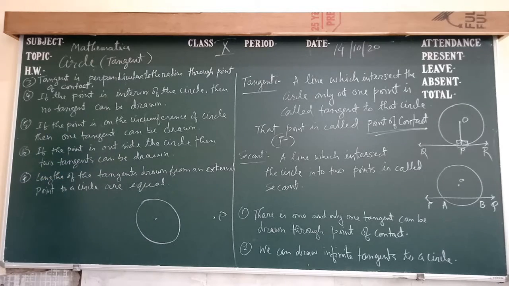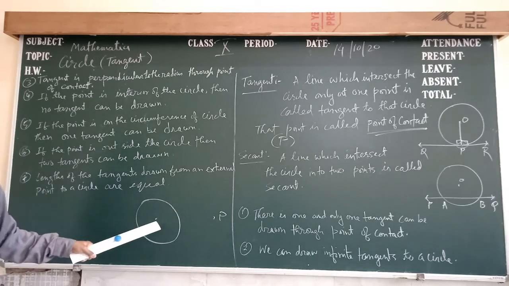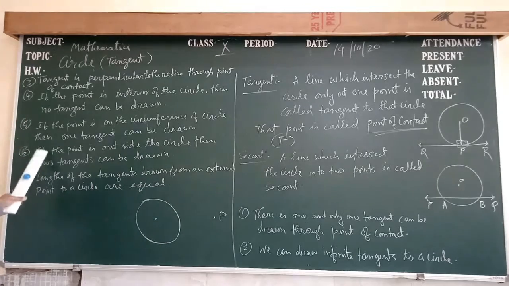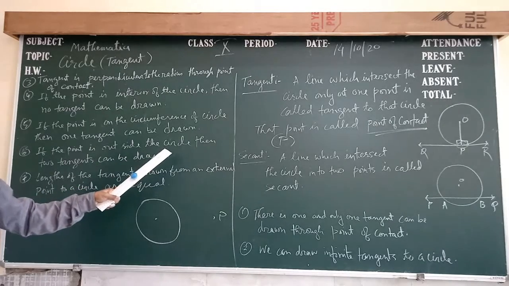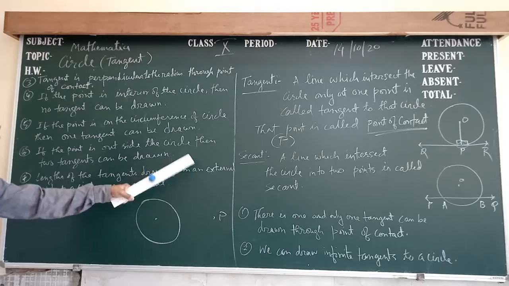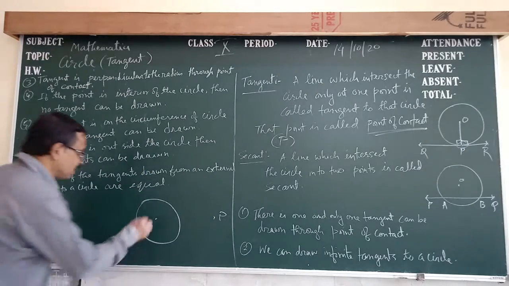Now the question arises: how many tangents can be drawn from an external point to the circle? If the point is outside the circle, meaning an exterior point, then two tangents can be drawn.